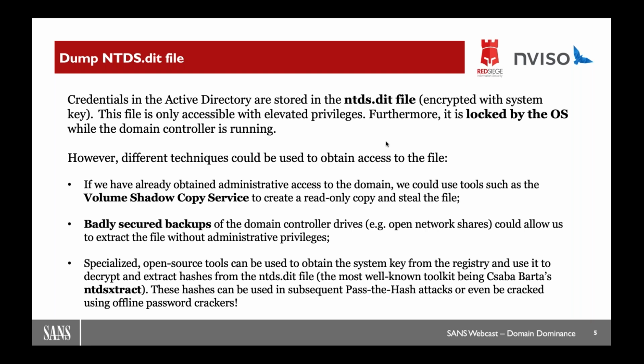Note that the hashes are not just in plain text inside the ntds.dit file, they are encrypted. They are encrypted using the SYSKEY, which is available in the registry of the domain controller. So if we have domain admin level access or local admin access to a domain controller, we'll be able to obtain both of those assets: both the ntds.dit file and the SYSKEY that we'll need.